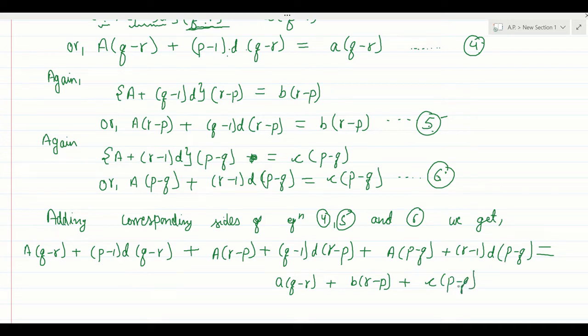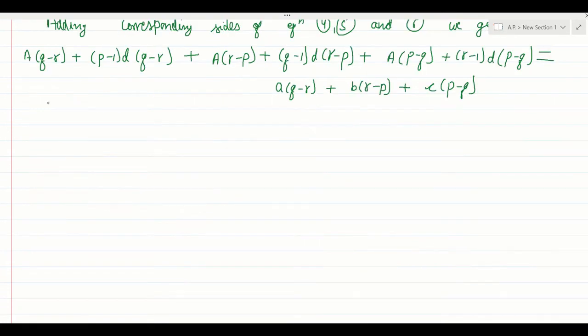Is this clear? Okay. After this, we are going to take A common from here and from here. Is this clear? So first of all, let me put A together, the terms containing A together.